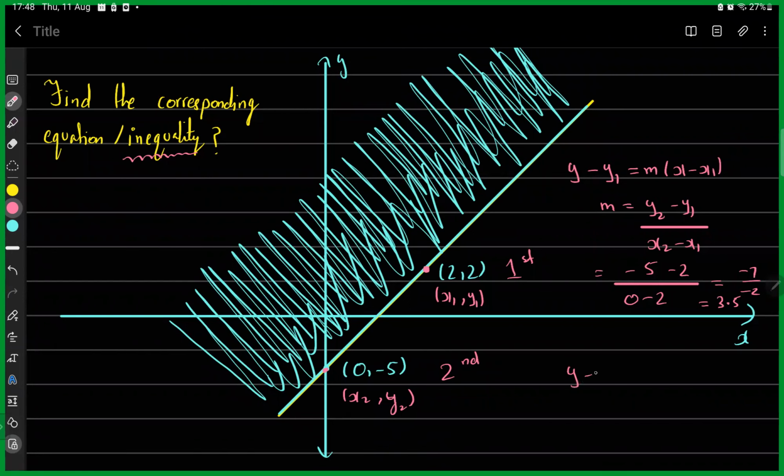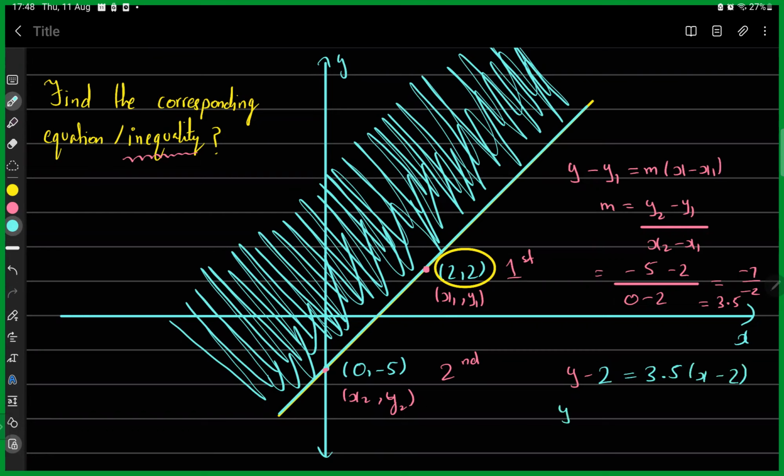Now I can plug in the values. y minus, I can pick up any point. Let's use this one, 2 and 2. So it's y minus 2 equals m is 3.5, x minus x1 is also 2.